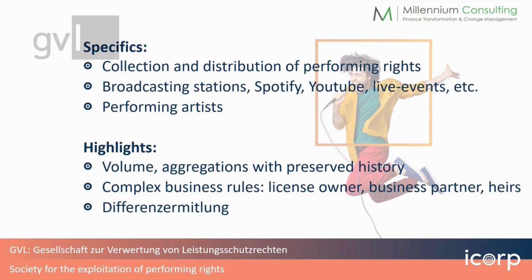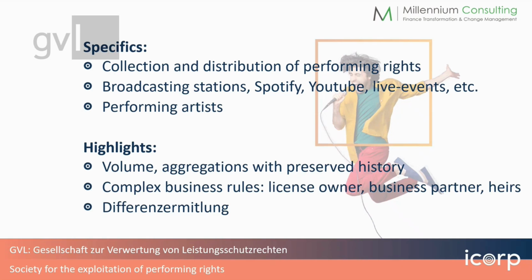The highlights here are that we have a high volume with a lot of aggregation and preserved history within the system. And that actually is introduced by the Differenzermittlung, taking place each month. And that means that if we have the broadcasting stations, for example, playing the music, that information is actually being collected in Germany.